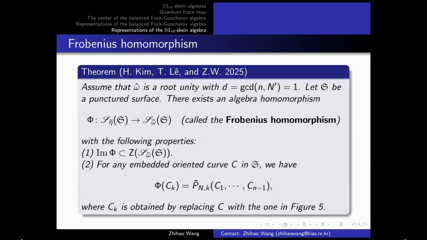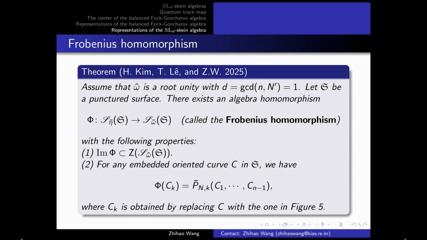in S, embedded just means there's no crossing, so there's no this kind of thing. And then we have this: the Frobenius map sends C to CK. So what is CK?